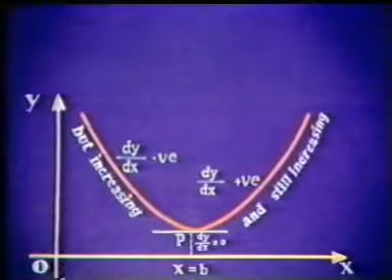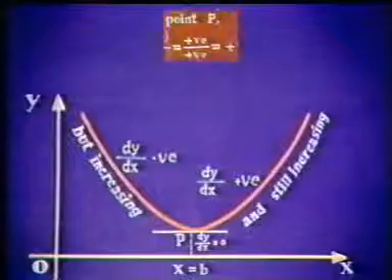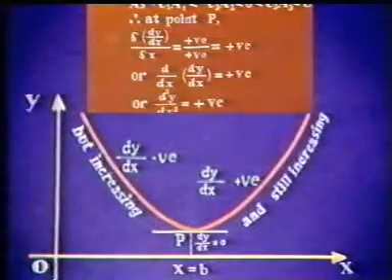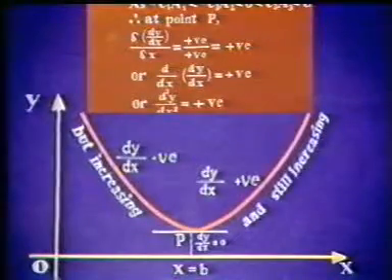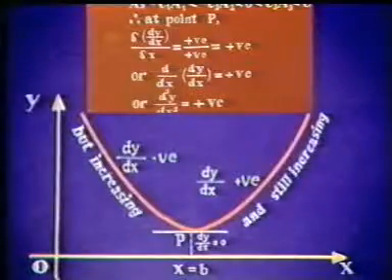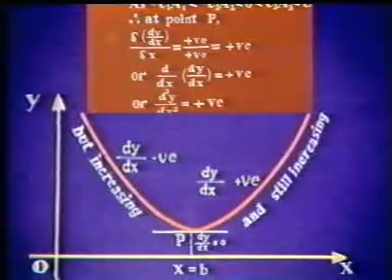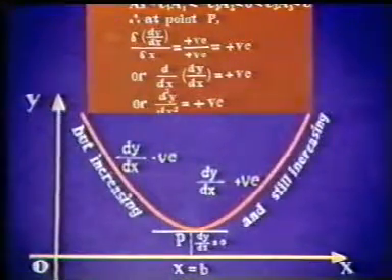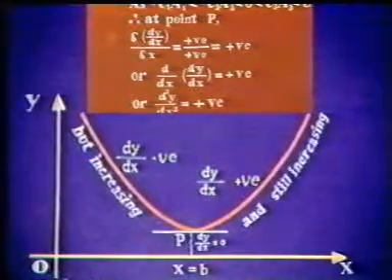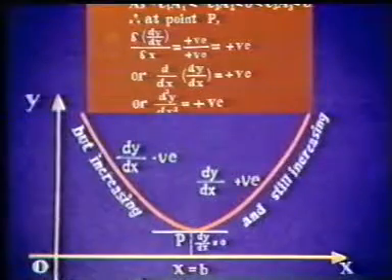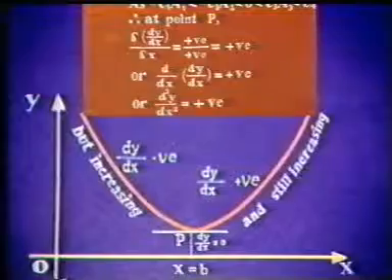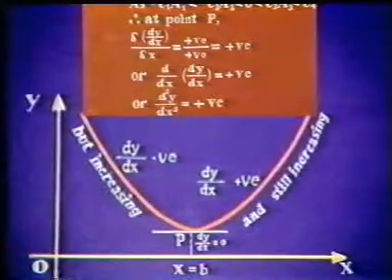Thus, the increment in x, namely delta x, is positive, and increment in dy upon dx, namely delta of dy upon dx, is also positive. Therefore, at point P, delta of dy upon dx divided by delta x is equal to positive divided by positive, is positive, or d of dy upon dx is positive, or d square y upon dx square is positive.